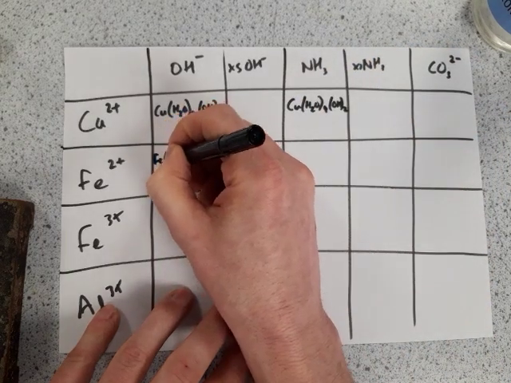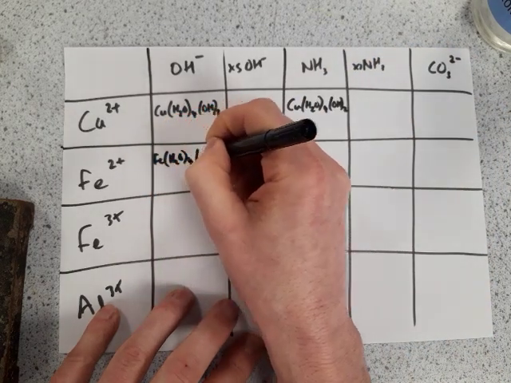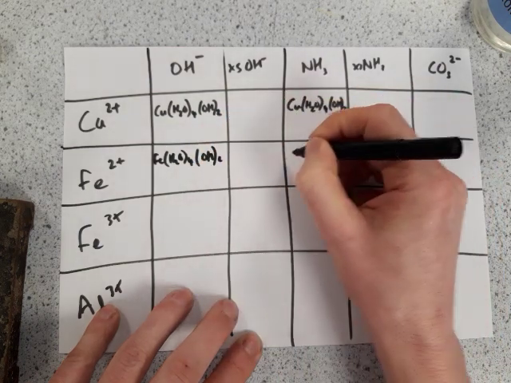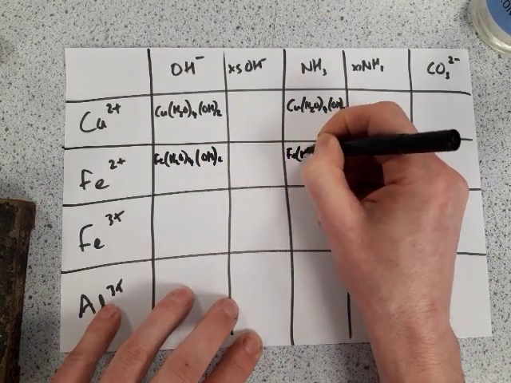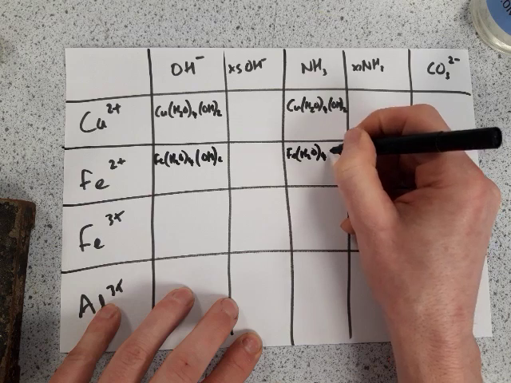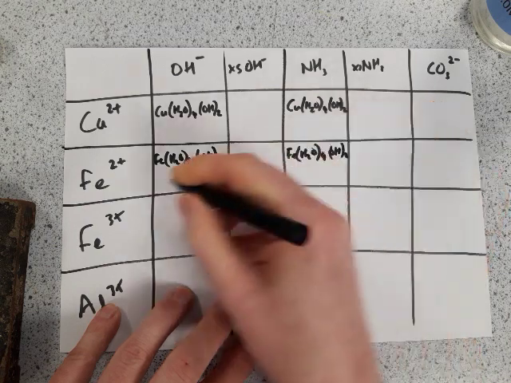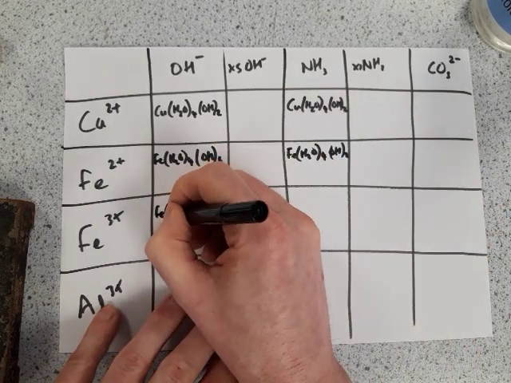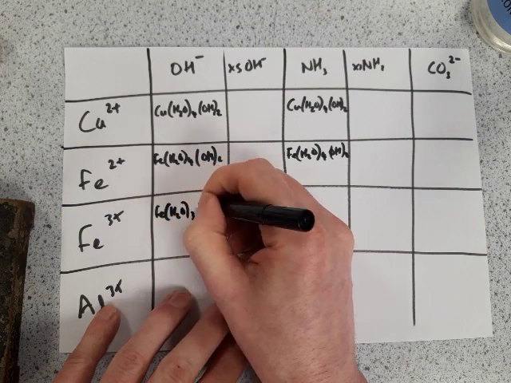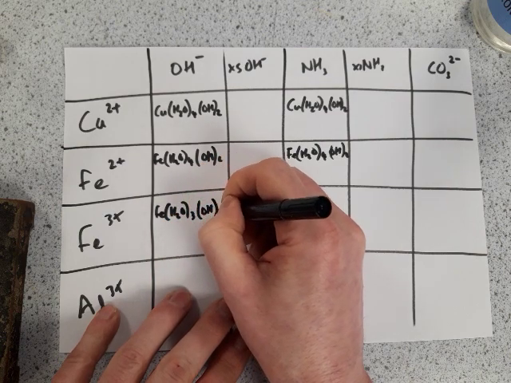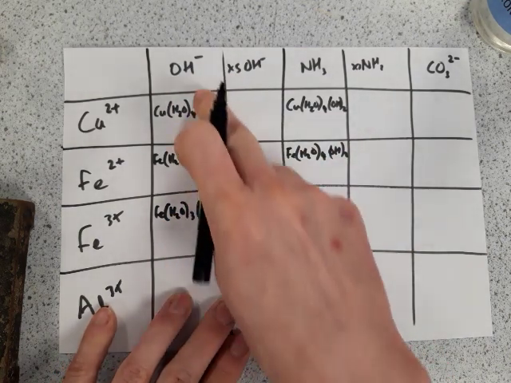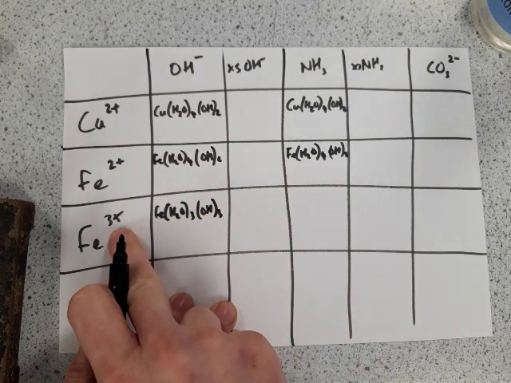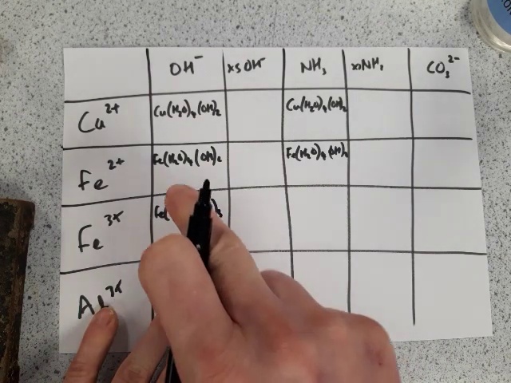If you do this, Fe(H2O)4(OH)2, it's the same thing. If you make this, you make Fe(H2O)3(OH)3. It goes to the point in which there's overall no charge. If you remove 3 H+, you'll make this, a precipitate.